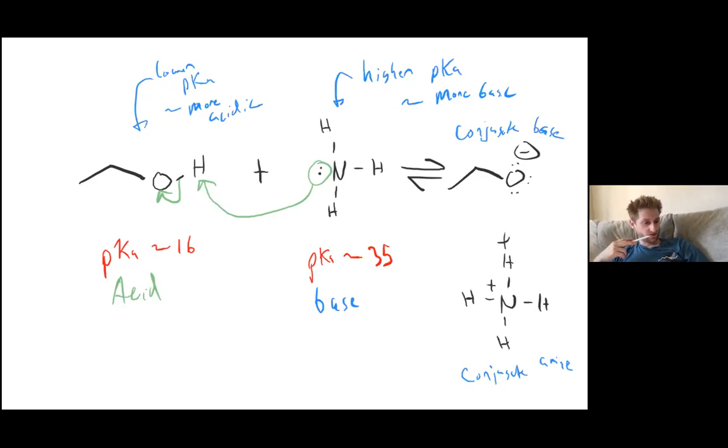All right, so as we said, there are some general rules for figuring out what is going to be more or less acidic. And those generally fall into a category people like to refer to as ARIO.